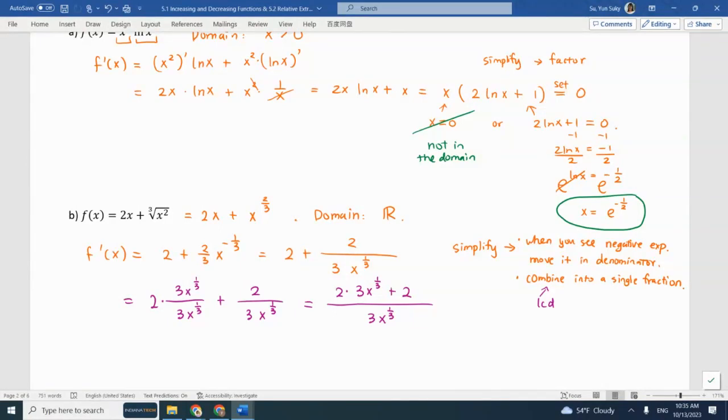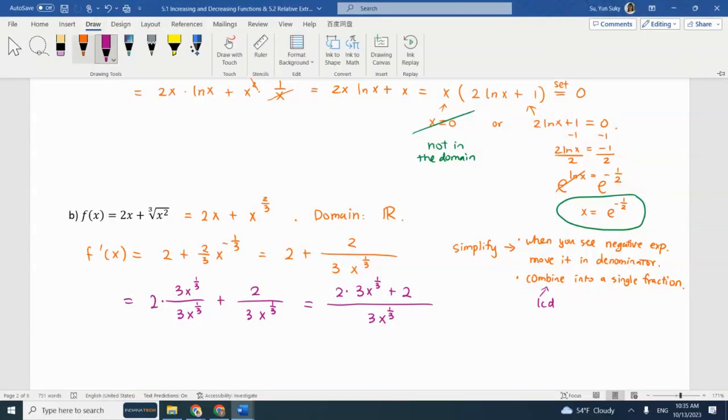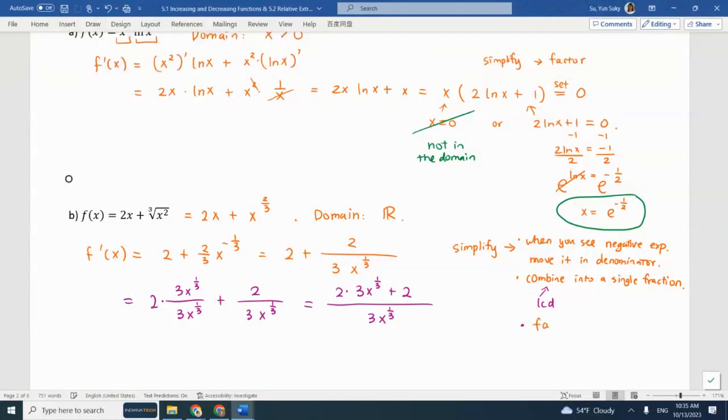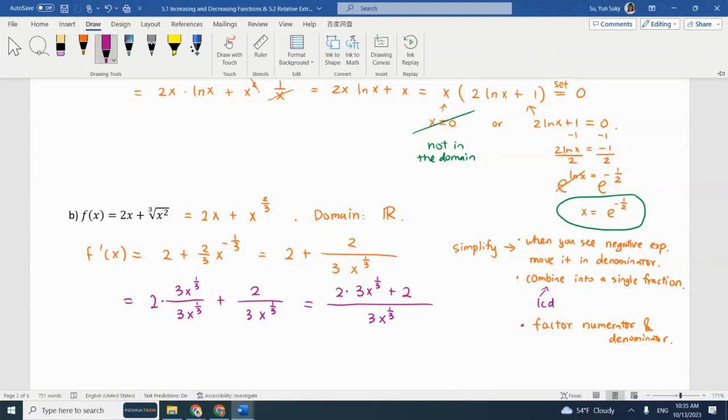And you also want to factor the numerator and denominator, if possible. In this case, can you factor the numerator?